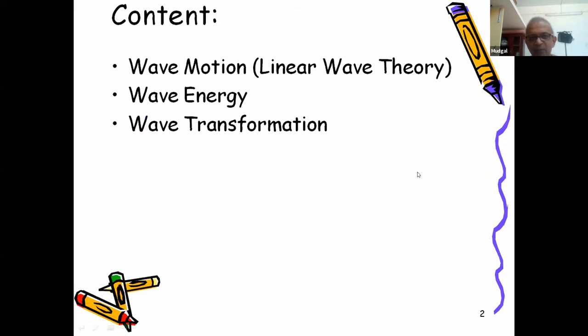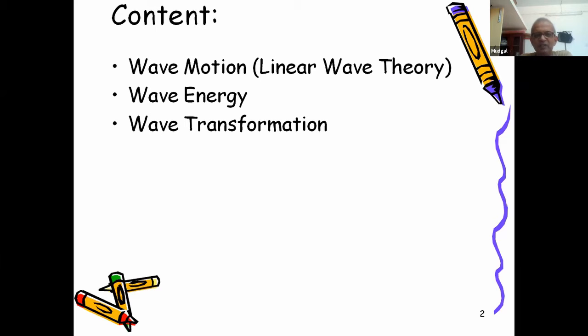Now, I have a very brief content. We will discuss wave motion, and in this we will talk about linear wave theory. Of course there are non-linear wave theories as well, but linear wave theory is good enough for most practical purposes, except when you have a requirement where you need to consider the non-linearity of the waves.